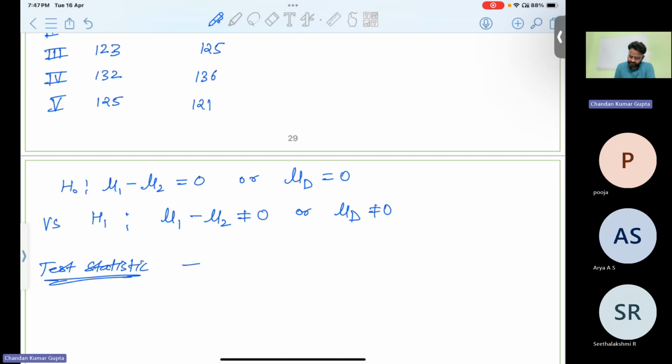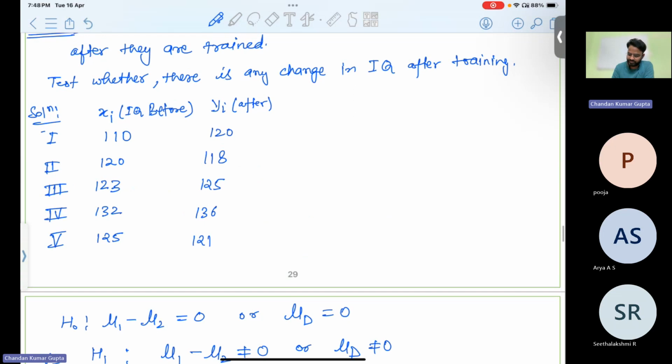Now our test statistic is this, where d is xi minus yi, d bar is 1 upon n summation of xi minus yi, and sd squared is 1 upon n minus 1 summation of di minus d bar whole square. We will calculate this.